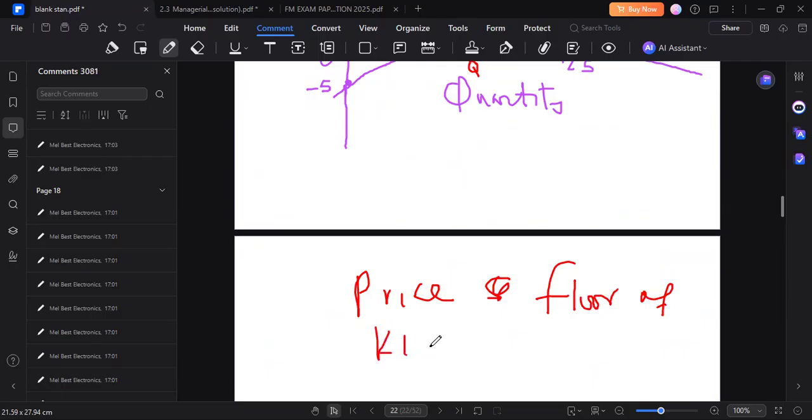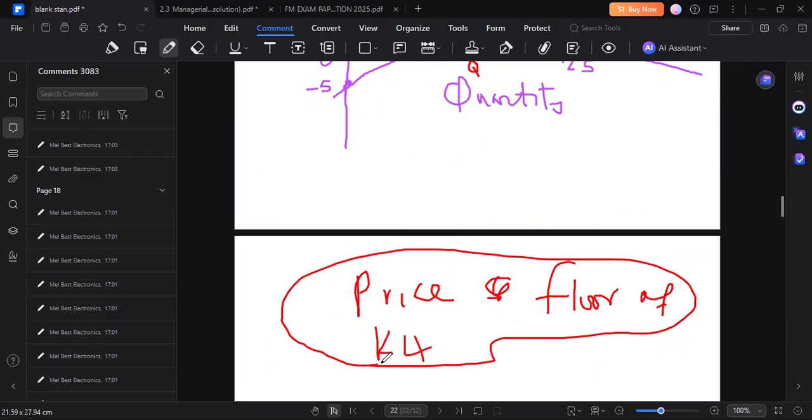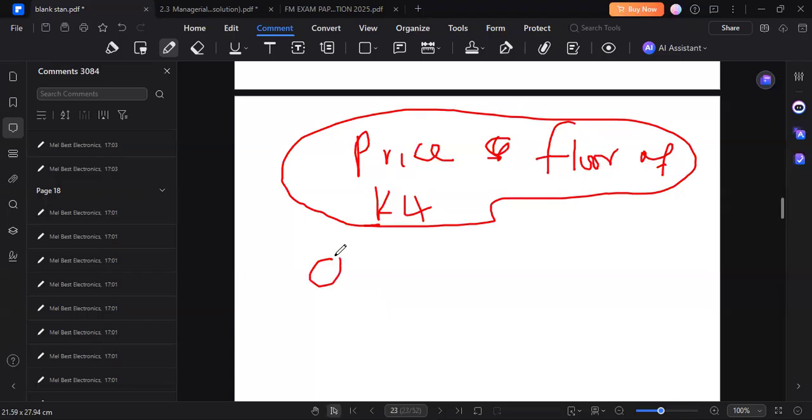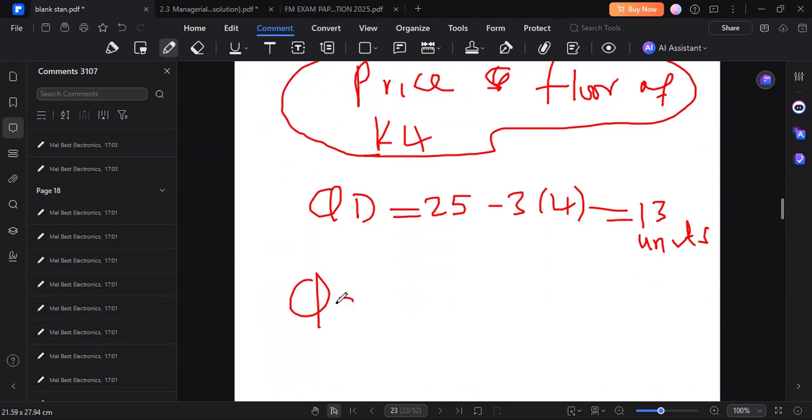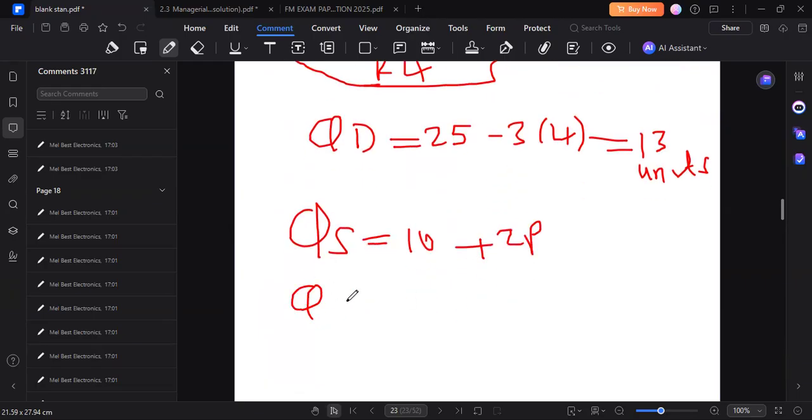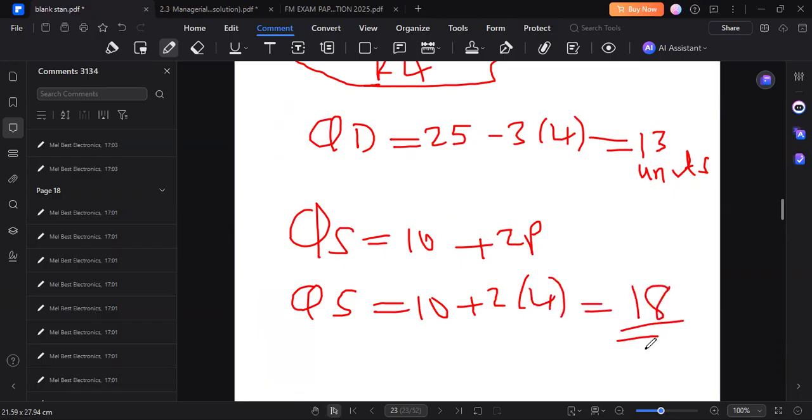The government has put that. So our quantity demanded is going to be 25 minus 3 times 4, which is 25 minus 12, so 13 units. Then quantity supplied will be 10 plus 2 times 4, which is 18 units.